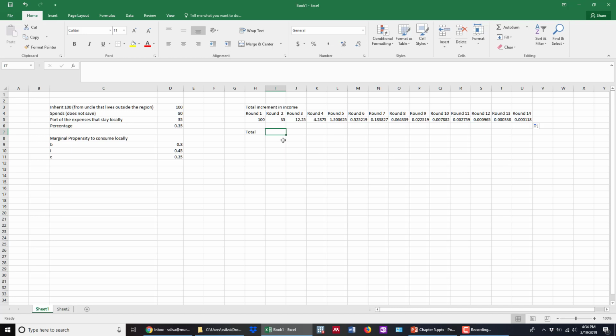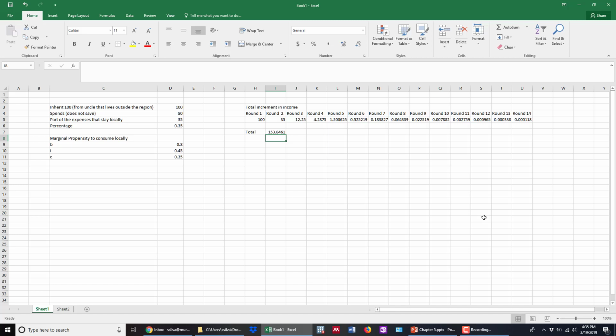The total increment in income would be $153. So what started as $100 exports or $100 extra income became $153.